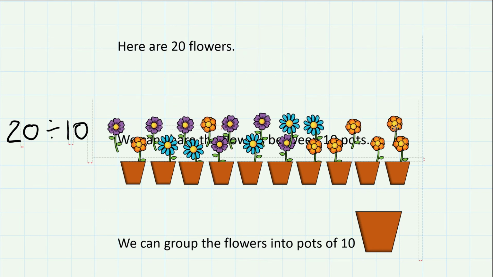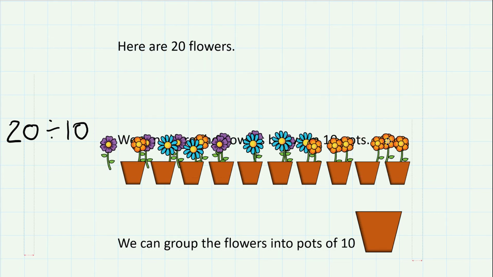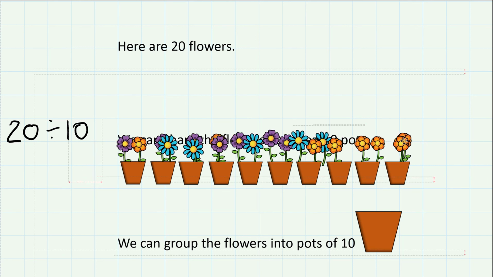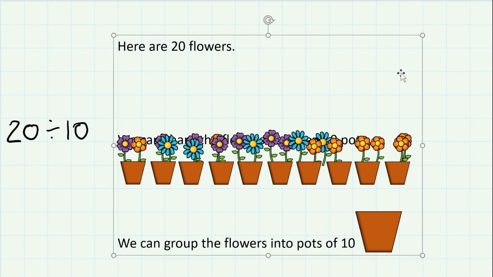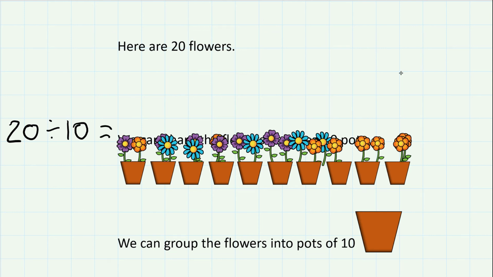Okay, let's have a look. If I drag them down, oh, they're a bit higgledy-piggledy. But yes, I can fit 2 flowers in each pot. So 20 divided by 10 is 2.